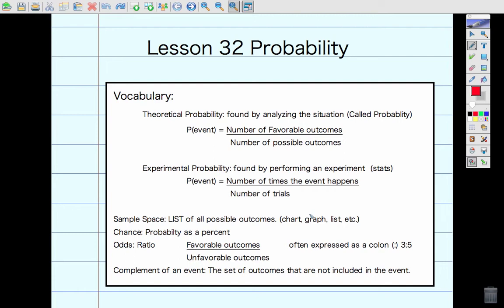A chance is the probability written as a percent, and the odds are written as a ratio of favorable outcomes over unfavorable outcomes, and it's often expressed as a colon, and it could be written as 3 to 5.